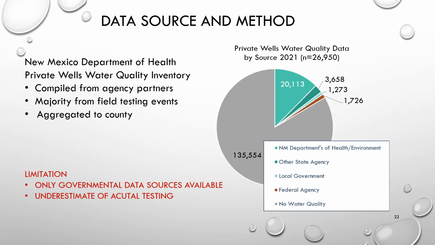The majority of this data comes from a collaboration with the New Mexico Environment Department and the Department of Health, and we provide field water testing events in different locations throughout the state every year.